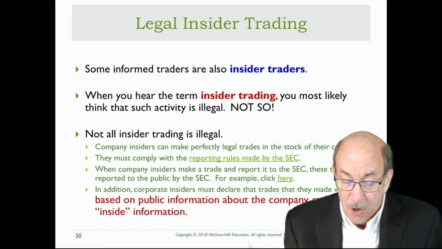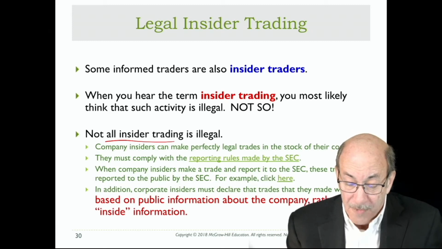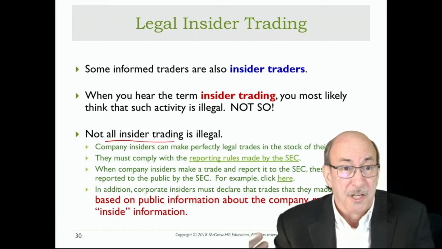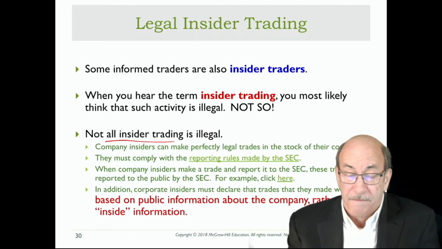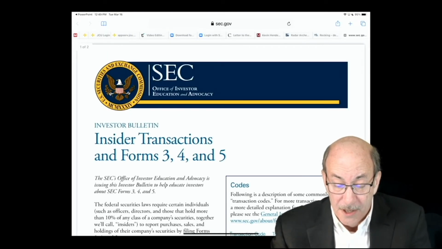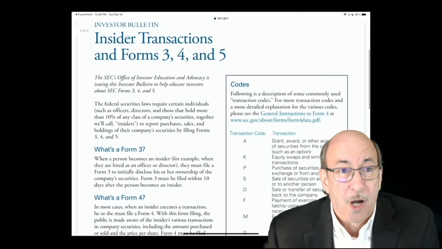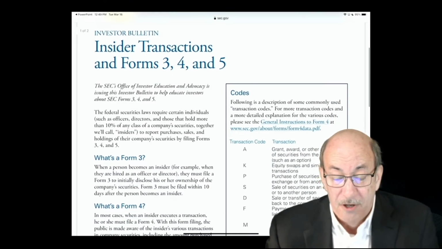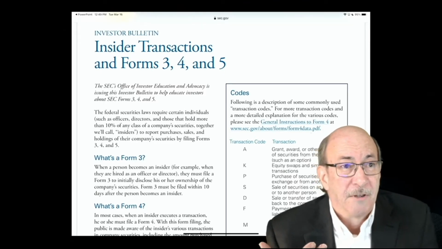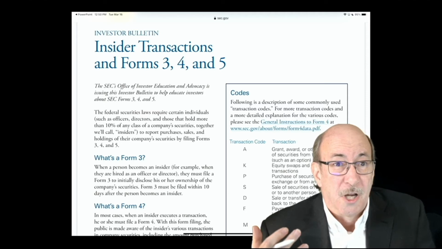So when is it not illegal? Company insiders can perfectly legally trade. They have to follow the rules set out by the SEC. So they have to follow a set of reporting requirements. This takes the form of Forms 3, 4, and 5, which are the forms that we would see when an insider makes a trade.